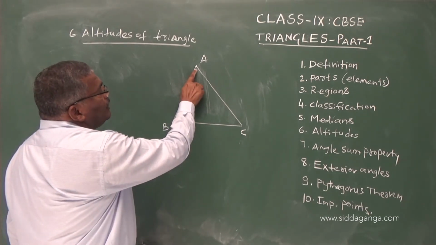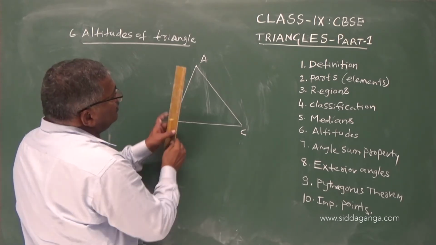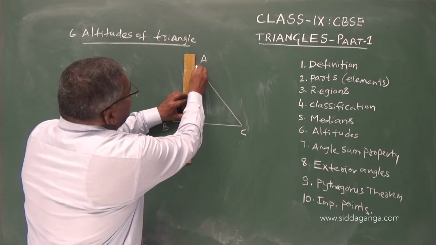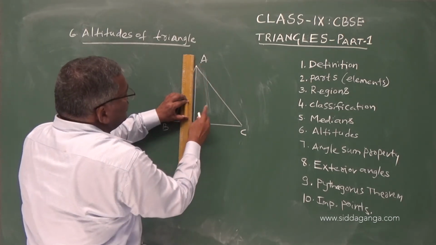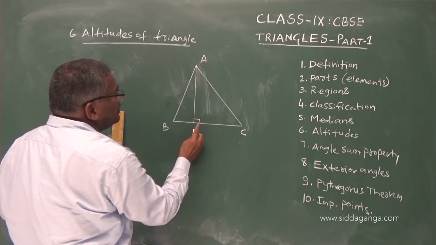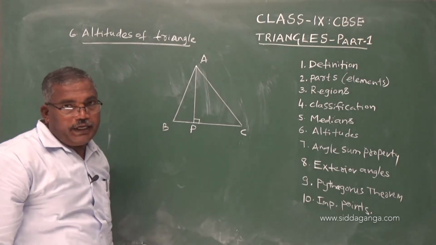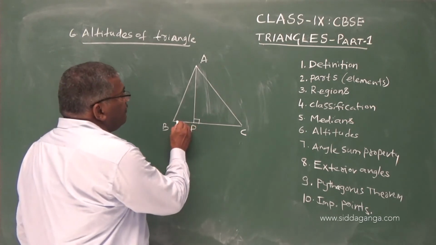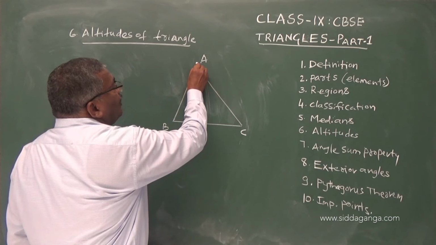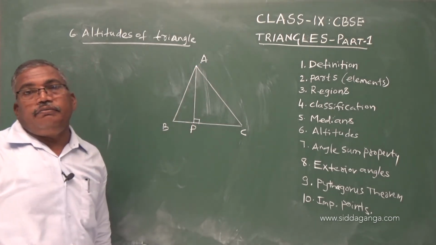If I draw a perpendicular from point A to the opposite side BC, this angle is 90 degrees. If I draw a line here, here it is 90 degrees. I will call this point P. P is the point where a perpendicular is drawn to BC through A. So this line AP is known as the altitude.